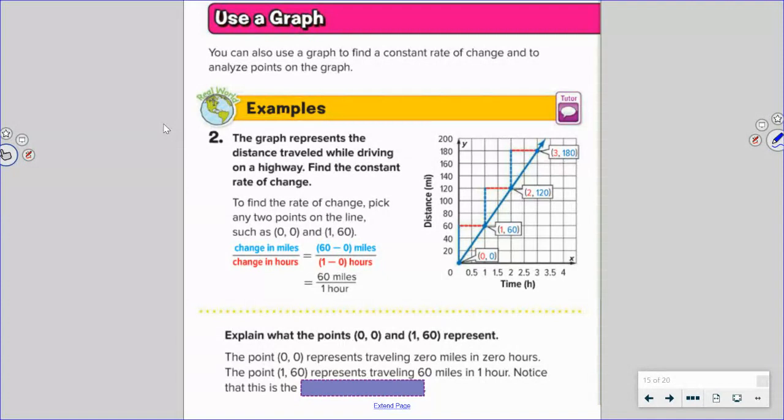But if you see, every time there appears to be an increase of 60 miles for every, now notice I'm not counting tick marks, I like to look per 1 hour. Another 60 miles for another 1 hour, and another 60 miles for another 1 hour. And therefore, we can find that constant rate of change, 60 miles per hour.